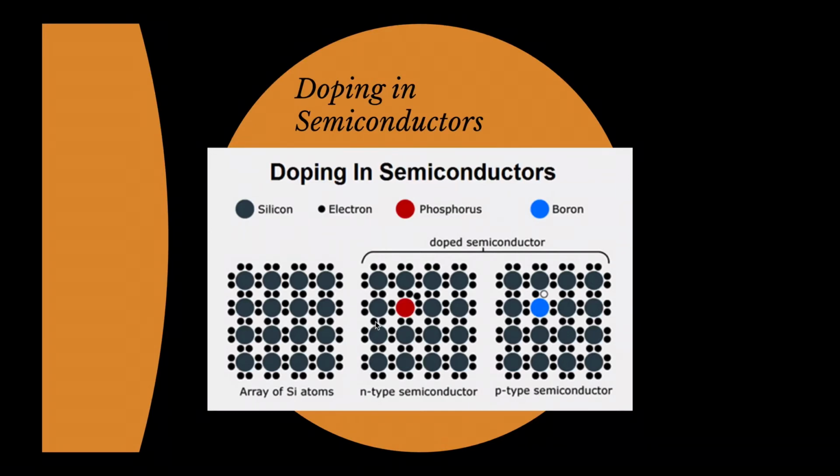See here it is 8, and here it's 9, plus 1. So it changed the property into what we call an n-type semiconductor, which means the semiconductor has extra electrons.